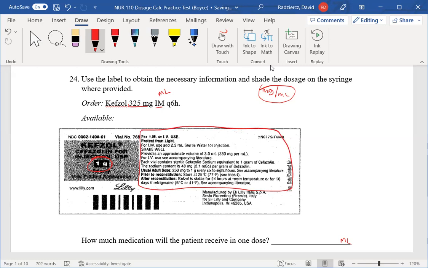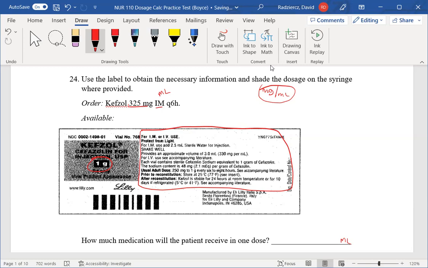I'm going to read some of this just in case you can't see. It says for the intramuscular use, which is what we're doing, to add 2.5 milliliters sterile water. That's something that would be done in the pharmacy, or in certain clinical situations you might have to do that. Kefsol is an antibiotic, so you might do this if you're working in a nursing facility or nursing home. All right, so it tells us what to add.